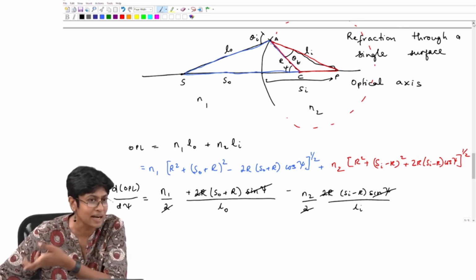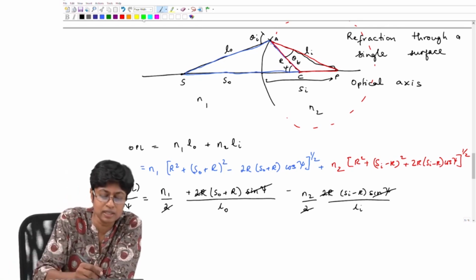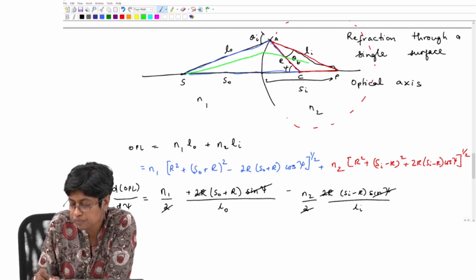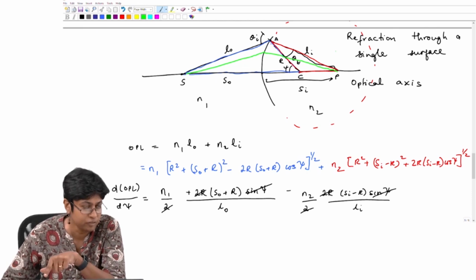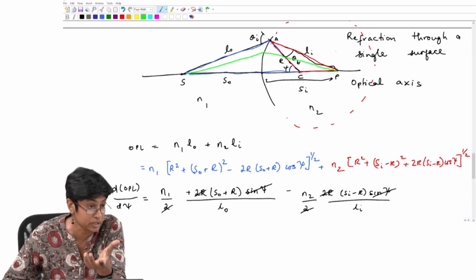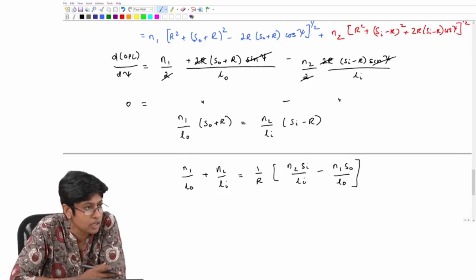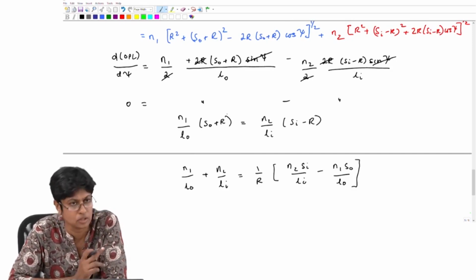But that means the right hand side is also going to change in order for it to be equal. So, if I put another ray, so I have a new L naught, right. S naught and Si have not changed because S naught is the point I want to image. So, it should not change. But if I look at this equation, if I change L naught and Li, the only way this equation is going to stay constant is if I change S naught and Si.